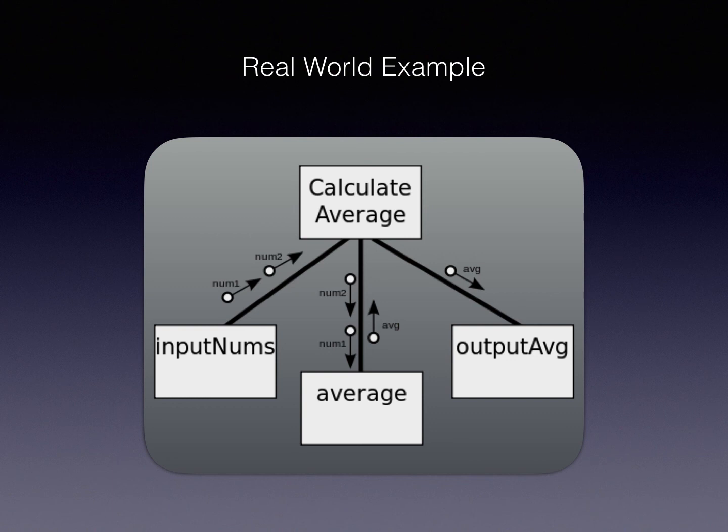It'll grab 2 numbers from the user and it'll prompt the user and have the information sent into the calculate average, but then calculate average will need to send it on to a function that'll do the mathematical calculations, and that's the average function. And then once it's calculated there, the result will be sent back up to the calculate average, and then the calculate average will send it out to the display function or the output average function here so that the user can see the result from this calculation.